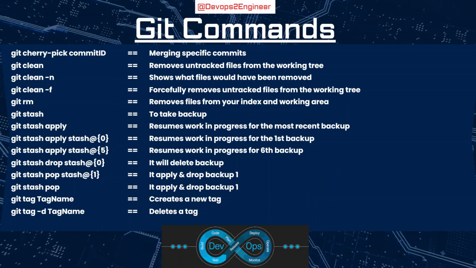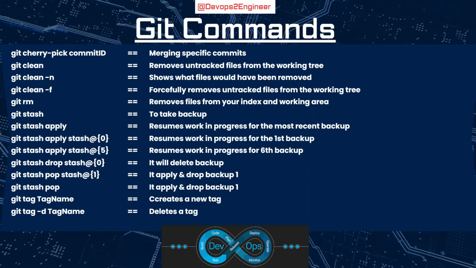Git rm is like the git clean command, except it's a more simplified way. Now next up is git stash. Git stash is for continuing the work in progress that you have.